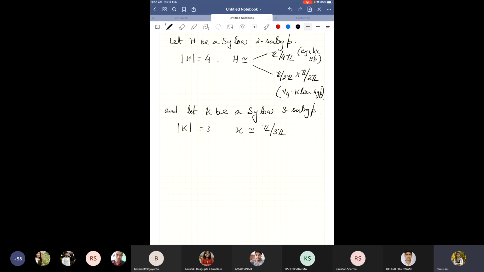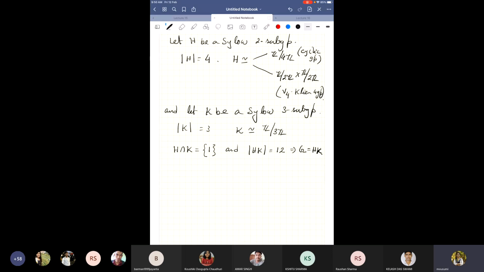There is no other choice. And what about H intersection K? Identity. And so the order of HK is nothing but 12. So this implies that G is equal to HK.